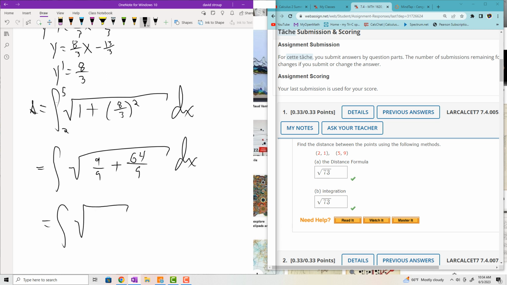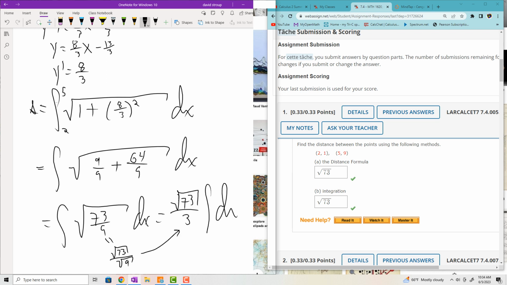So we get the square root of 73/9 dx. And of course, you can factor that out of the integral, so that would be square root of 73 over 3. Remember, this is just the square root of 73 all over the square root of 9, and the square root of 9 is 3. And then integral dx.